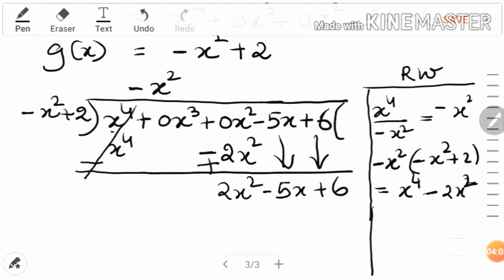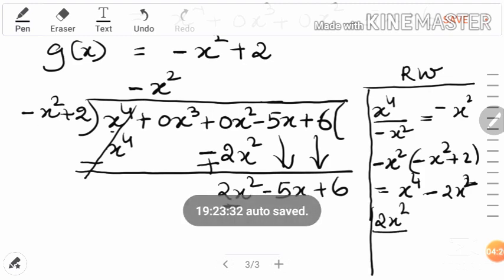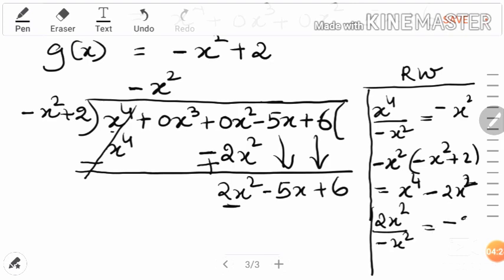Now to find the second term of the quotient, we divide the first term of the remainder, 2x square, by the first term of the divisor, minus x square, and we get minus 2. So minus 2 is the second term of the quotient.